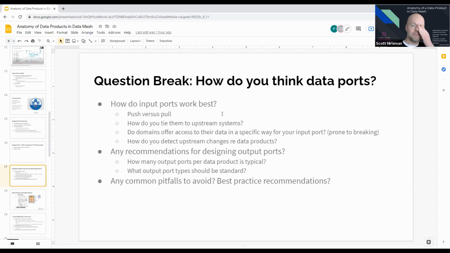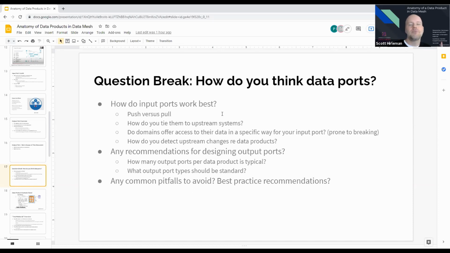So, the broad question: how do you think about your data ports, your input ports, and your output ports? I think we already covered push versus pull, that you want to pull as much as you can. And how do you tie things up to that upstream system, right? If something isn't necessarily broadcasting via an API, how do you work with that upstream system to get that data?